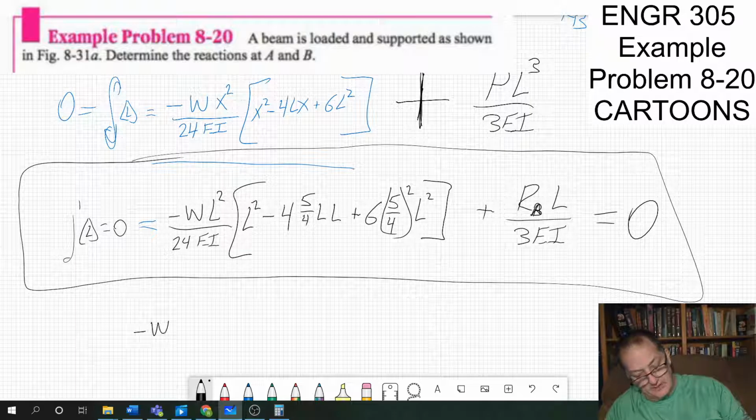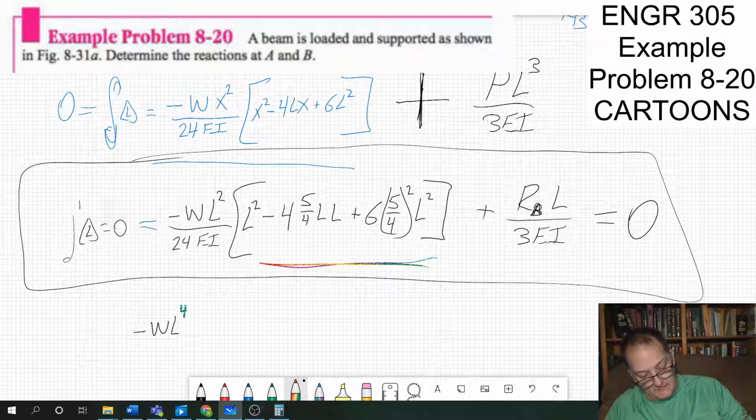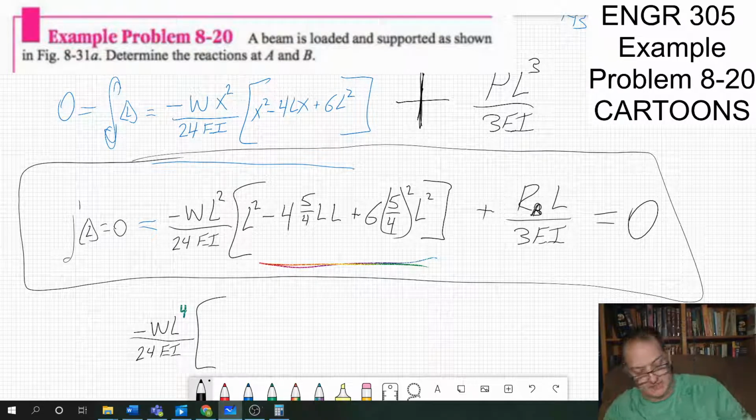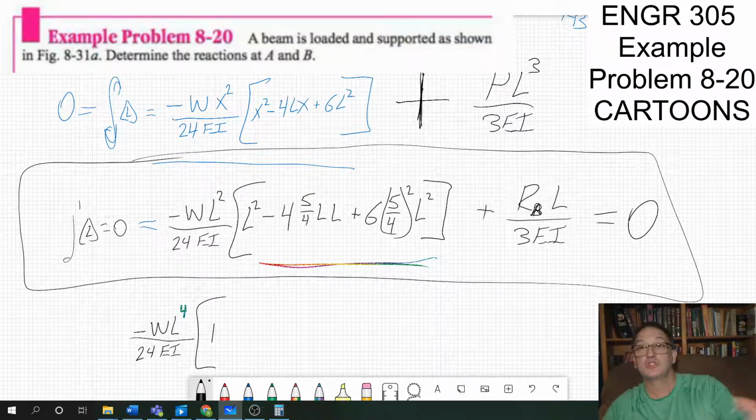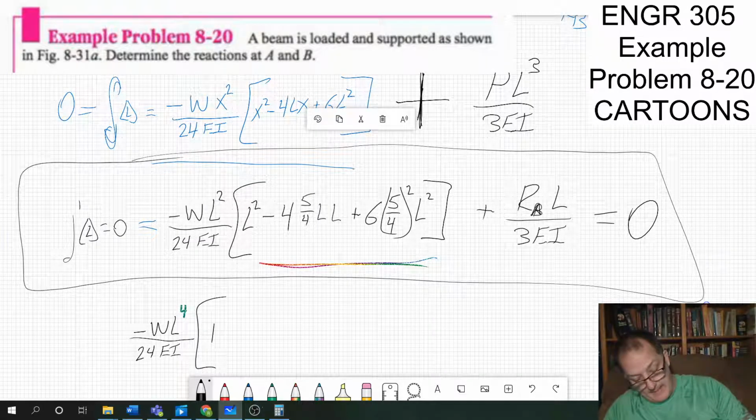Minus W L. You see, this has L squared throughout the whole expression. So I'm going to just make that WL to the 4th over 24EI. And then we'll start dealing with this on the inside, which is a 1 squared. I didn't make any mistakes on that.